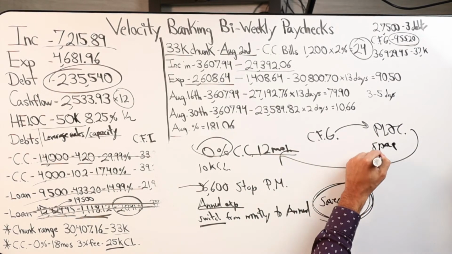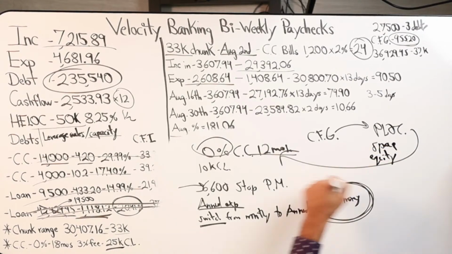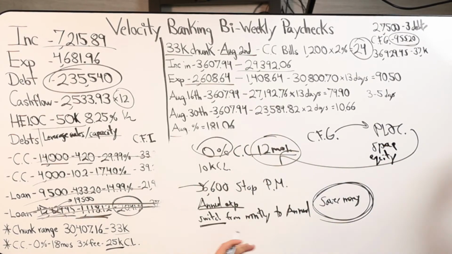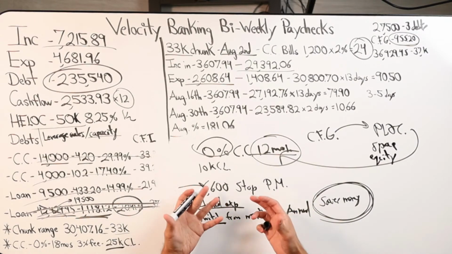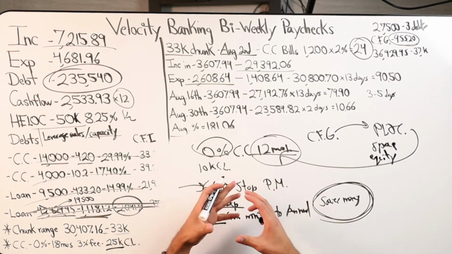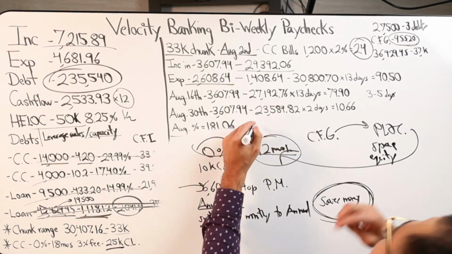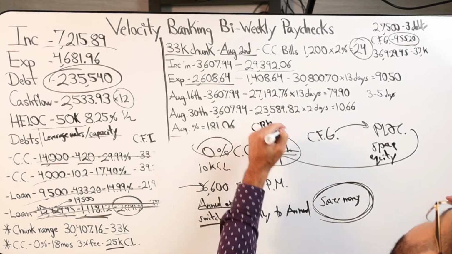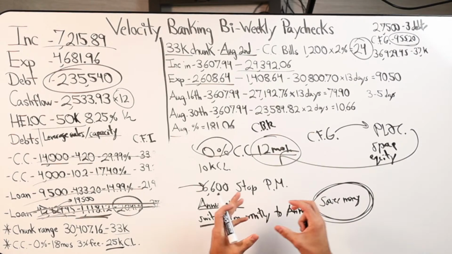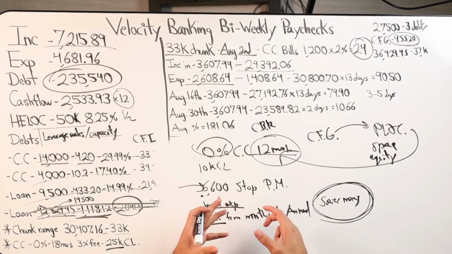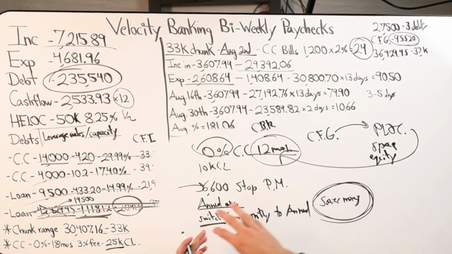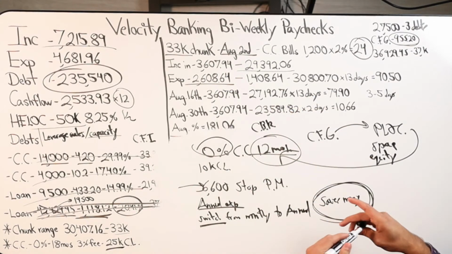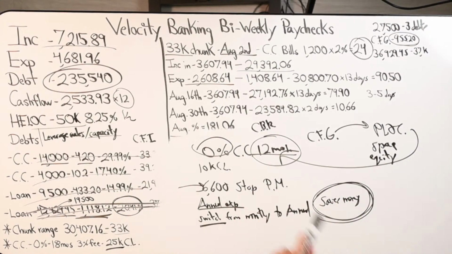We have equity in the PLOC to satisfy expenses because they were expenses. It was my lifestyle. Anyways, I saved money by running the bills through the card, getting the cashback rewards, and reducing the actual cost of living because I switched from monthly to annual and I saved money on the bill itself and I got cash back rewards. That would have been more efficient.